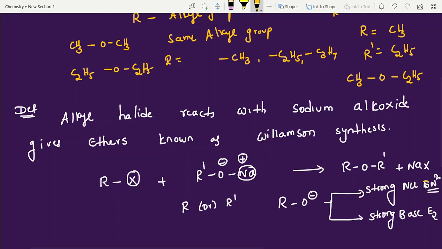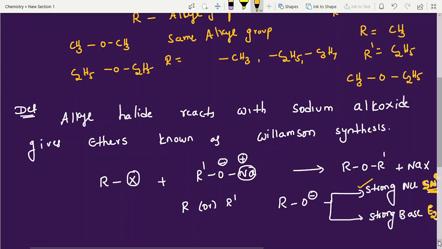When it is SN2, it acts as a strong nucleophile, nucleophilic substitution reaction. If it is a strong base, then it extracts hydrogen and undergoes E2 reactions. But what is favorable here? If RO minus acts as a strong nucleophile, Williamson ether synthesis is easy and you will get ethers. Otherwise, you will get byproducts like alkenes. We are not going to prepare alkenes here. Our main target is ethers, right?